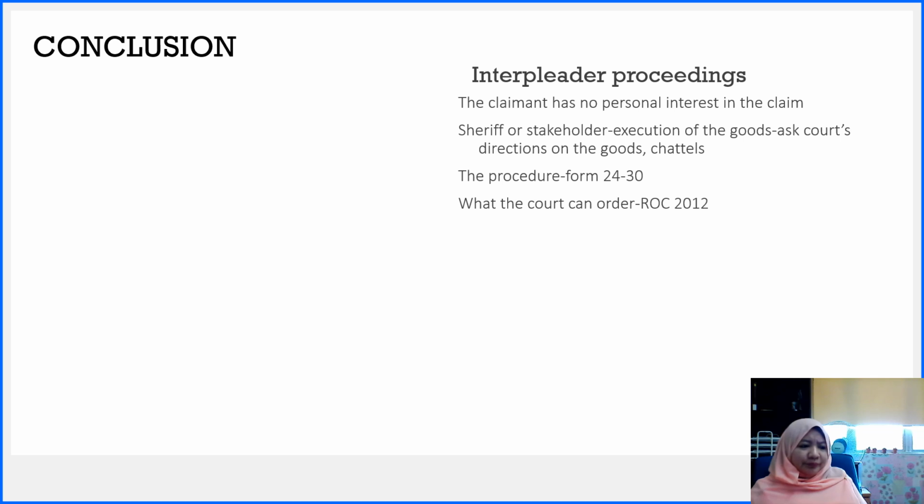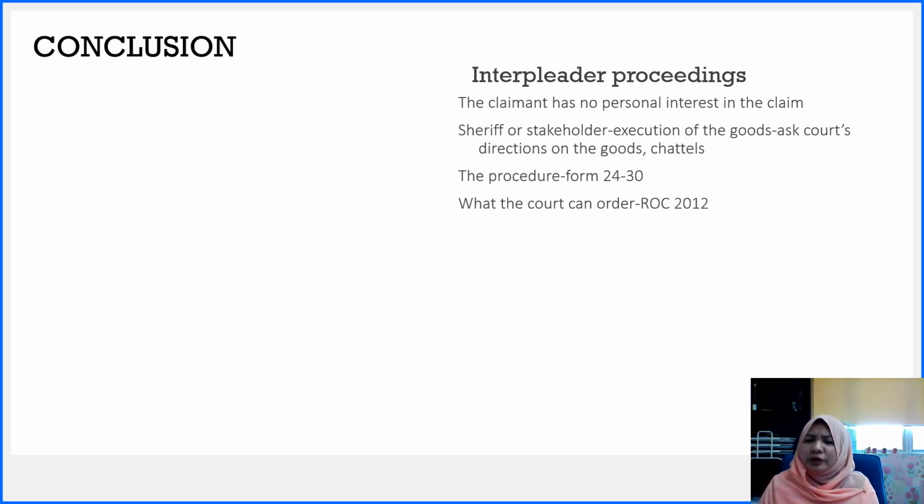You can read it. Like I mentioned to you before, at times, not to say that the court is clueless, the court may ask you, when you make an application, what is your ground for the application?